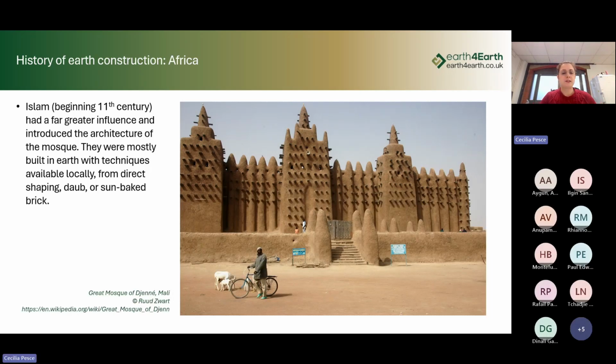Here in this example, this is the Great Mosque of Djenné in Mali, and it combines various techniques, but it's made of sun-baked bricks on the inside, and then it's plastered with earth as well, with some direct shaping technique, and it's quite an interesting example.